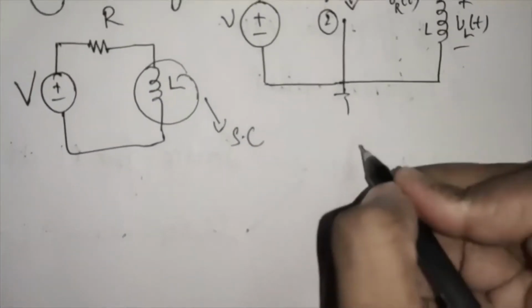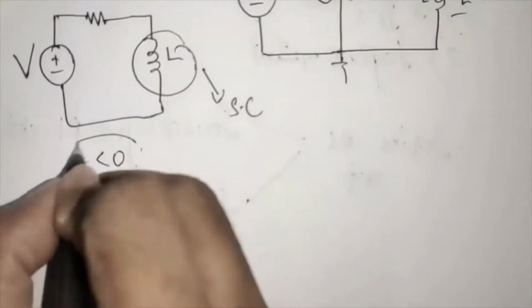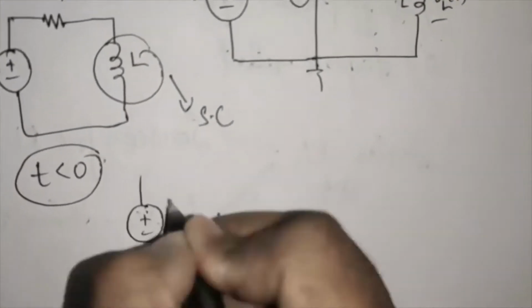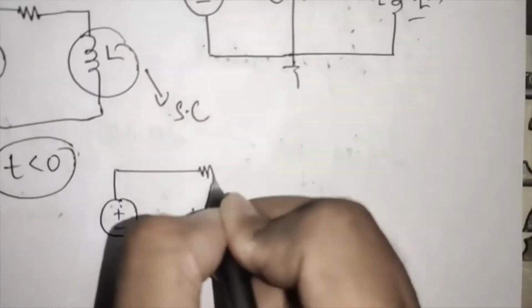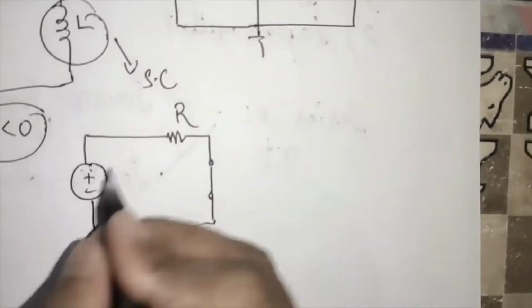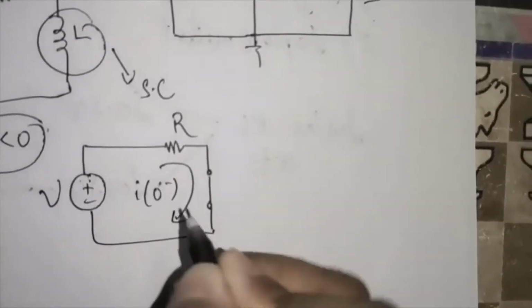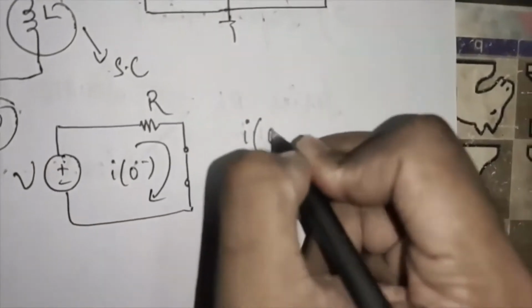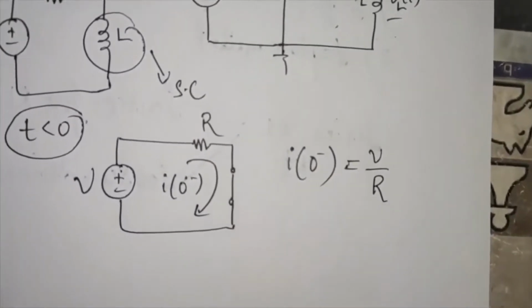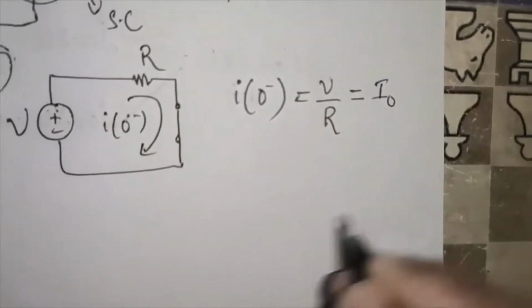Therefore, for t less than 0, the circuit that we get is: the inductor acts as a short circuit. So this is R, this is V, and the current is I of 0 minus. So I of 0 minus, the initial current, is nothing but V by R. Let us assume it to be some I naught.